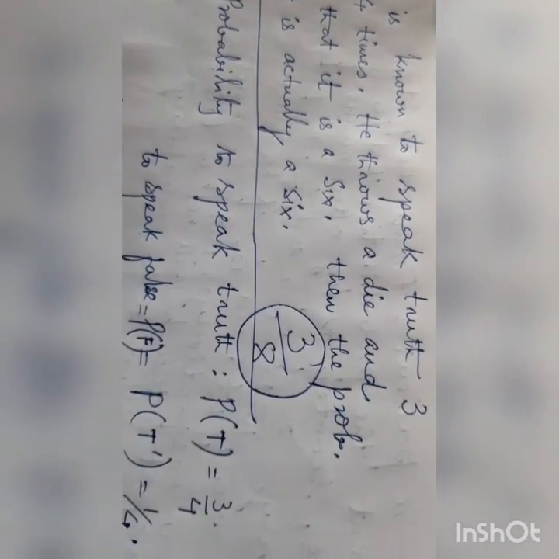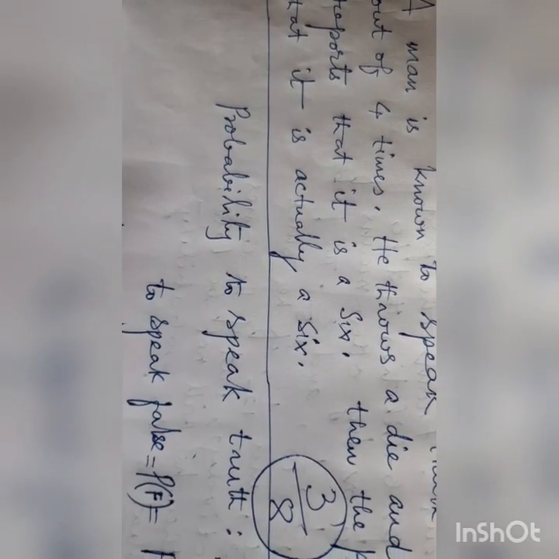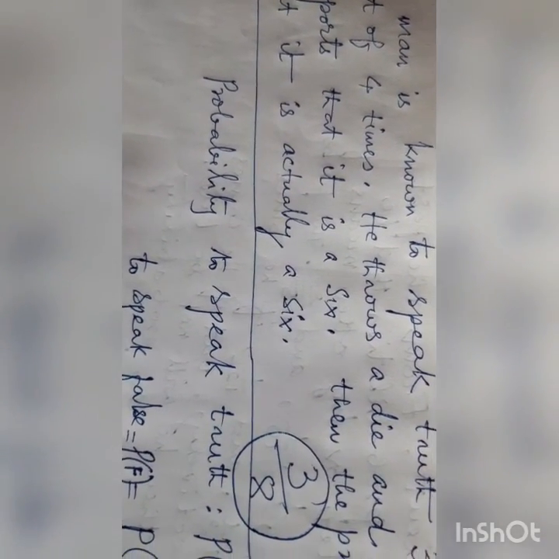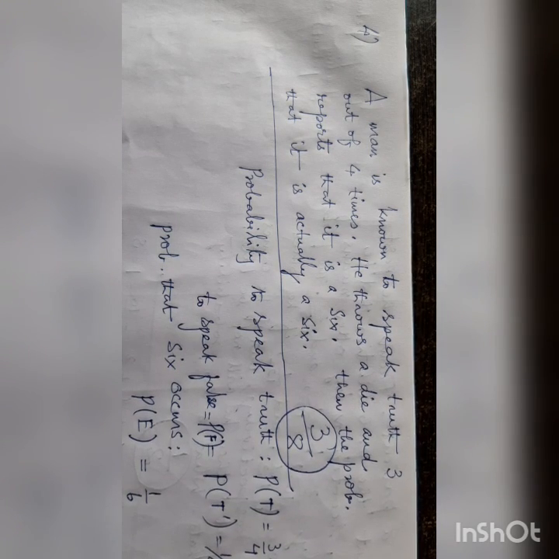He throws a die and reports that it is a 6. Then the probability that it is actually a 6. To come up 6, 1 by 6 probability. So here, what is the question?